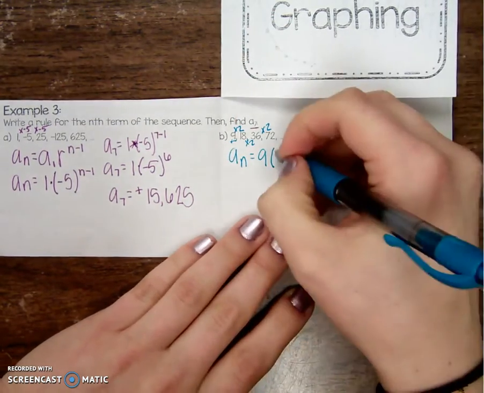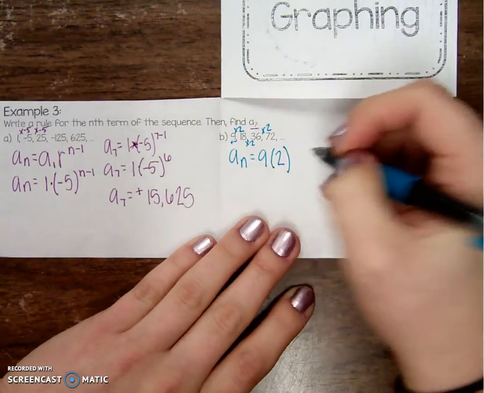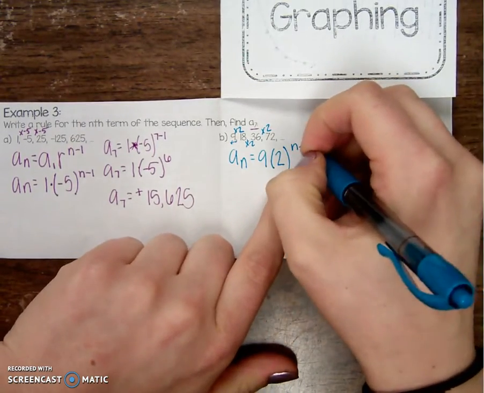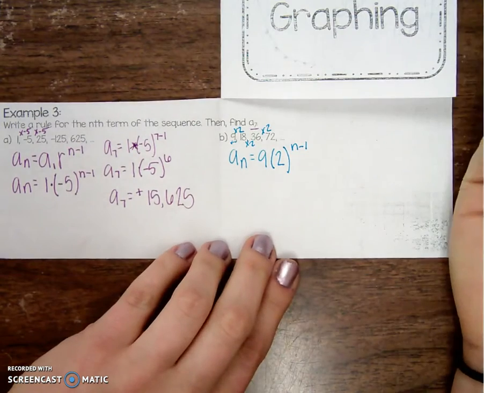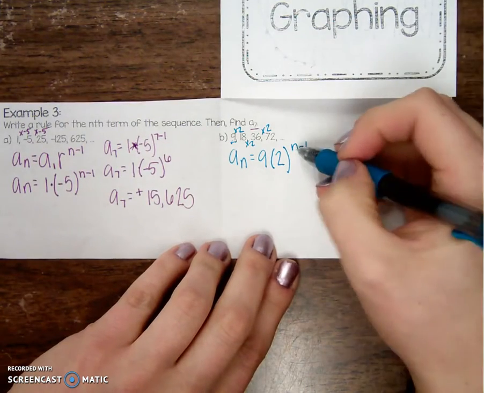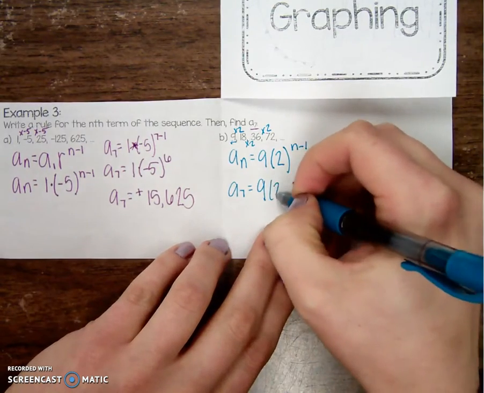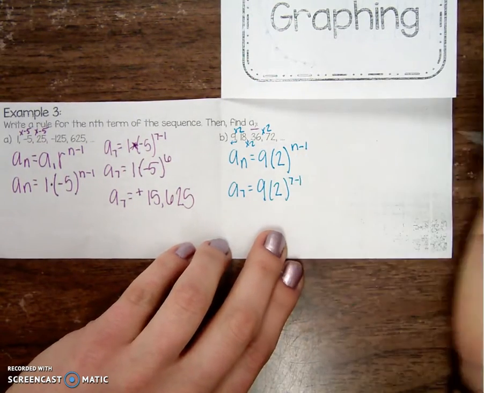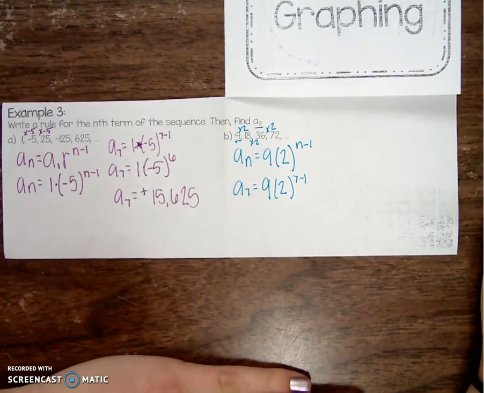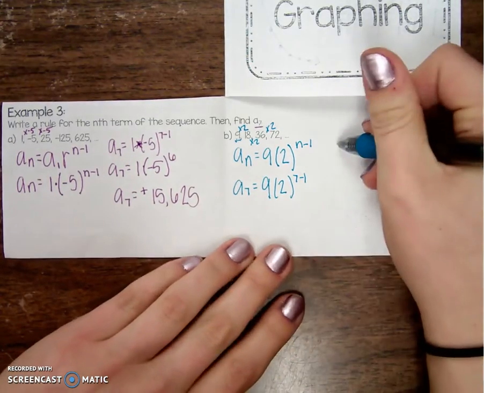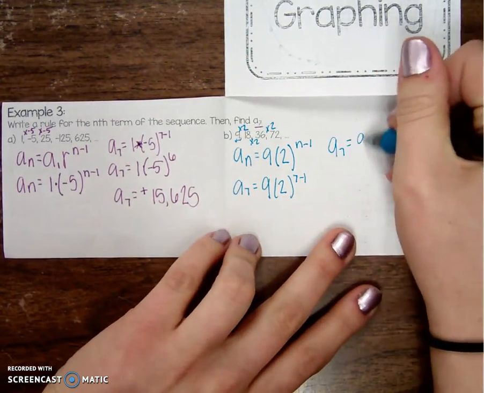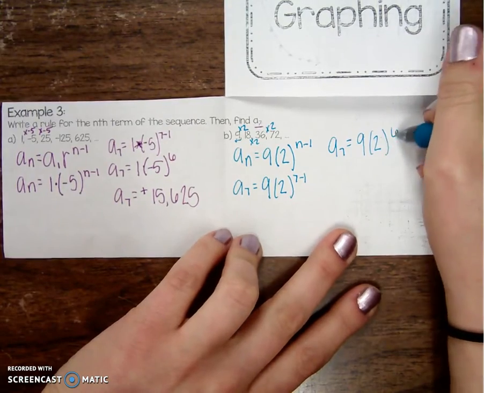Okay, so times 2 to the n minus 1 exponent. But I know what that n is going to be replaced with. We're looking for 7. So 9 times 2 to the 7 minus 1 exponent, which is really just 9 times 2 to the 6th.